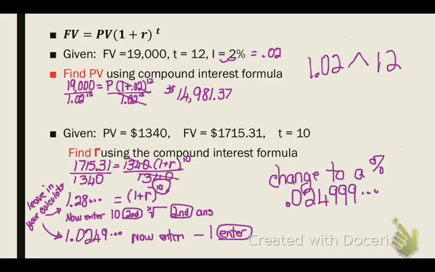You're going to do that by moving your decimal place 2 places to the right and rounding. So I get that this is 2.5%. Now go back if you need to, rewatch this, but try this in your calculator. And again, if you're having issues, contact me.